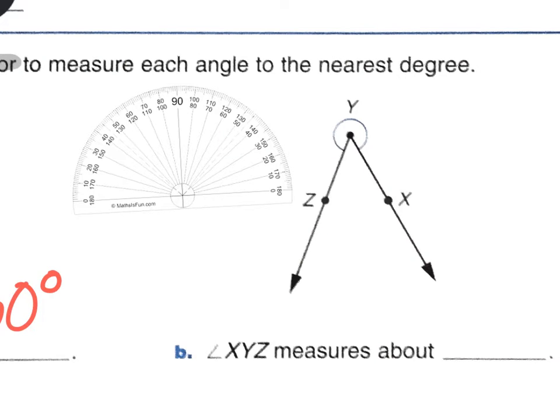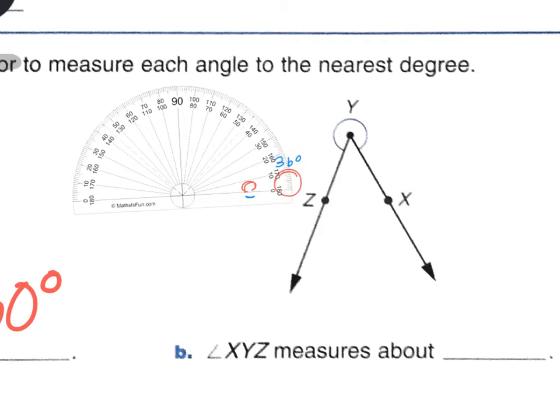All right, now here's where it gets a little interesting, because it tells you that you need a full circle protractor. I don't have one, so I'm going to show you how to measure that angle without having a full circle protractor. So we already know that a full circle is how many degrees? 360 degrees. So if we know what part of that circle measures, this part, I can tell for sure what the other portion of that angle measures.